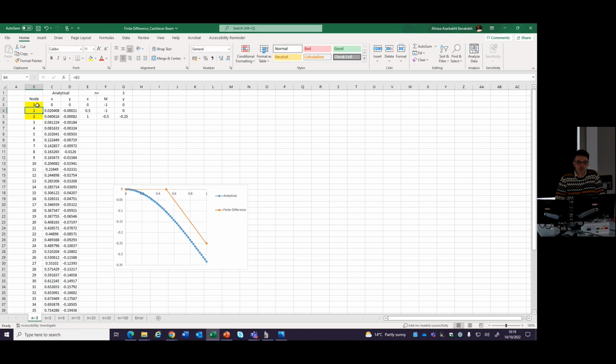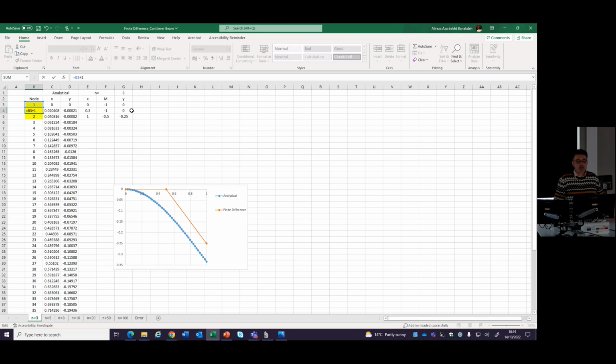B3 is this cell. Spreadsheet has some cells, right? The left numbering is 1, 2, 3, 4, 5. The columns are A, B, C, D, E, F. So this one is B3. So B4 is a formula referring to B3 plus 1.